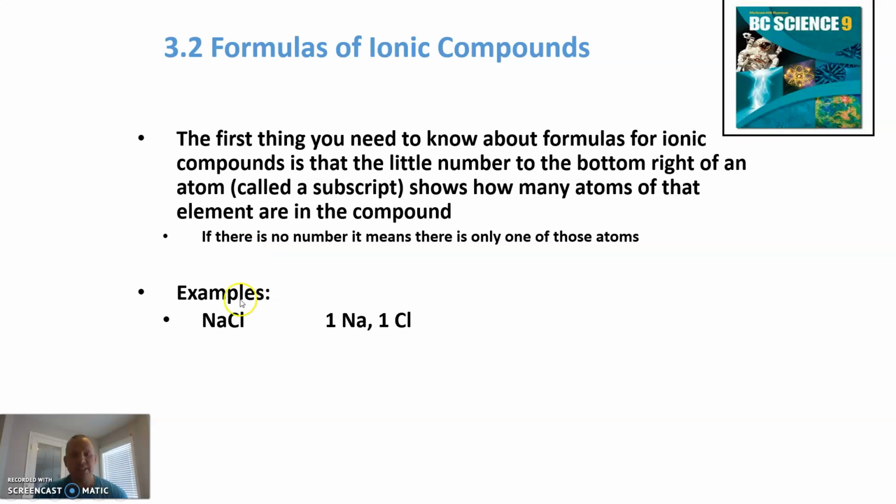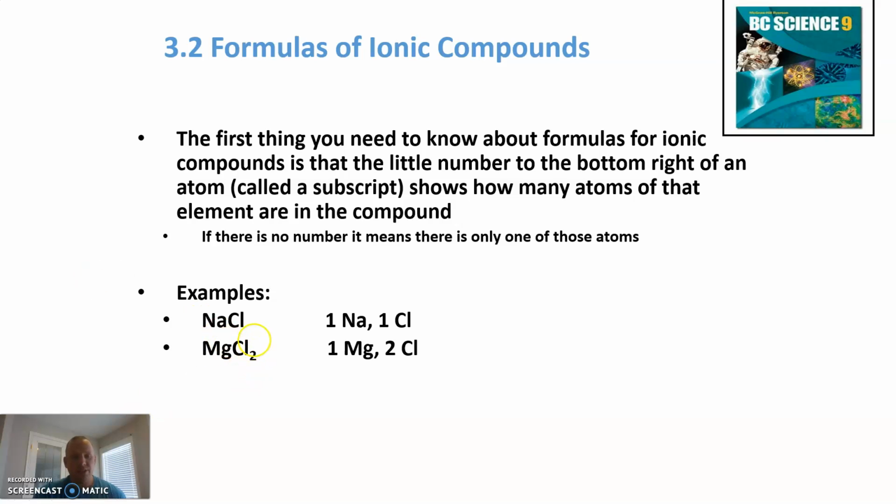Now, you'll see some formulas without numbers. If there's no number beside an element, that just means there's only one of those atoms in the compound. So like sodium chloride, there's no numbers in here. That just means there's one sodium atom and one chlorine atom in a compound of sodium chloride.